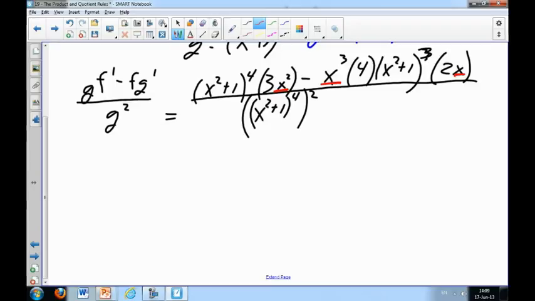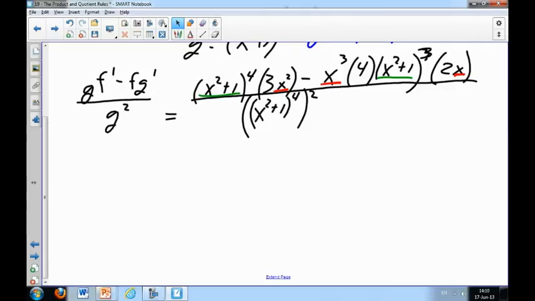The 3 with the x squared doesn't factor into the 4 or the 2, so we have to leave it there. And of course, we realize we have an x squared plus 1 here and an x squared plus 1 here. We'll see again, we have it down on the bottom, but that'll come into play later. We'll factor things out on the top first and then look at the overall picture.